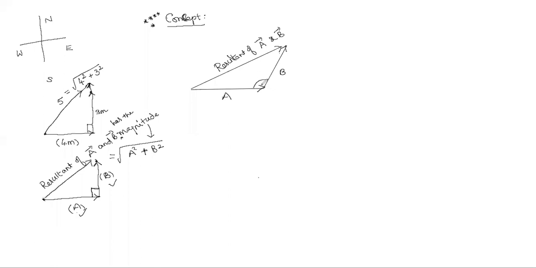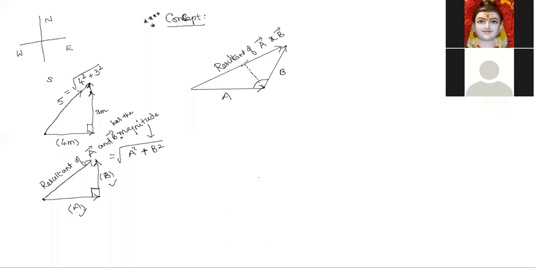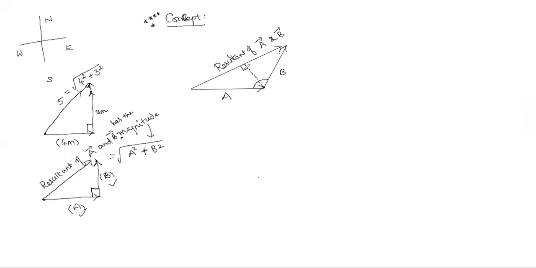From here, I have to drop one perpendicular. Okay. By dropping one perpendicular here, what will you get? I can use trigonometric ratios. Trigonometric ratio means you are saying that it is a right angle.